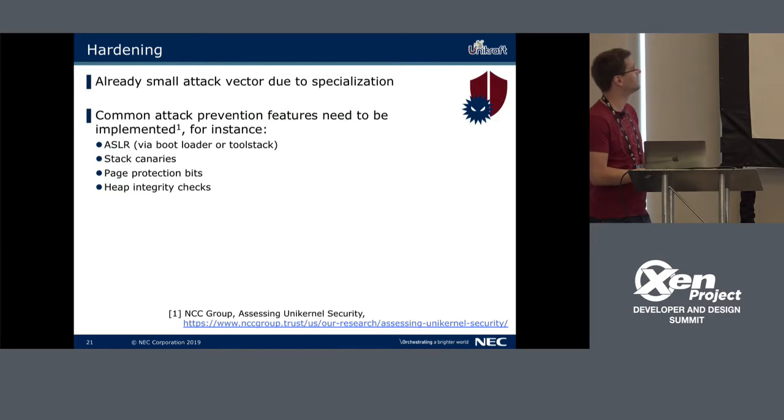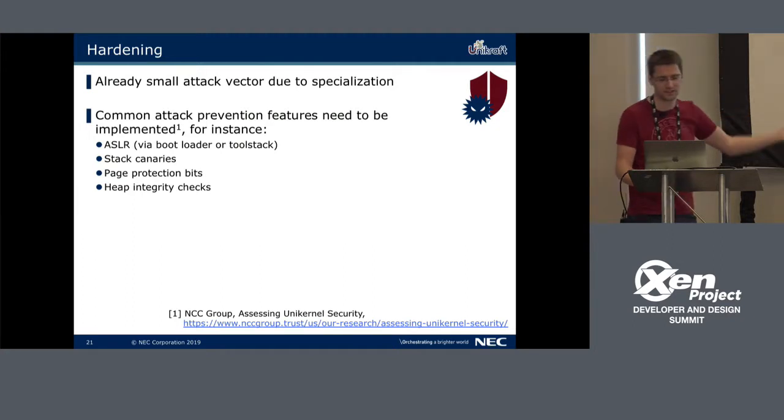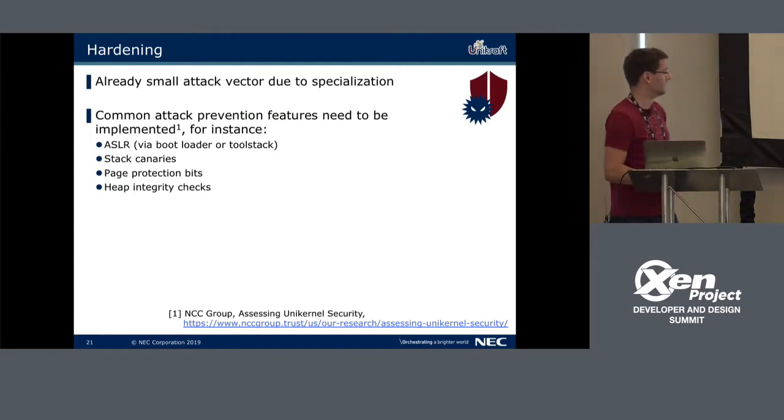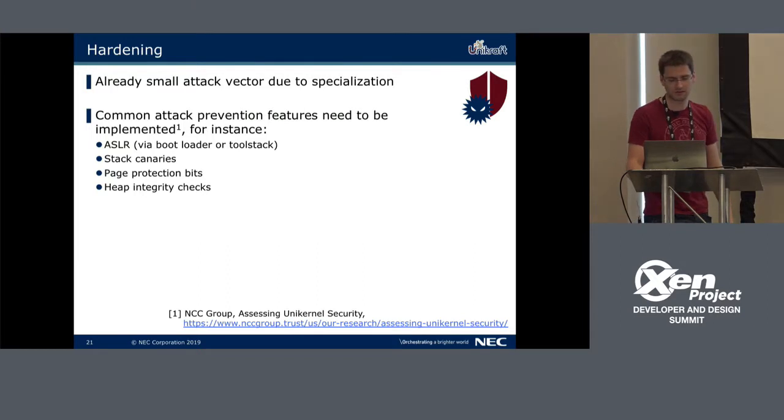But this was mainly due to the fact that all the existing unikernel environments didn't implement basic attack prevention features like ASLR, stack canaries, page protection bits, and so forth. So this is about implementing that to have some prevention for attacks, because even if it's a unikernel, you still don't want to get taken over by a third party.